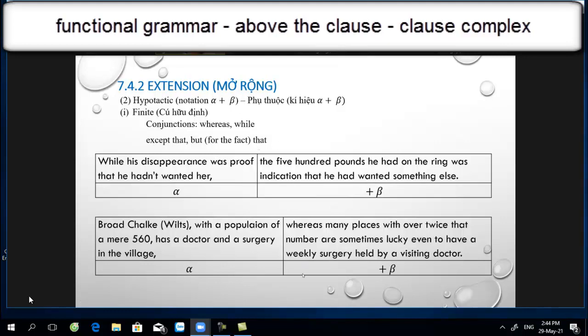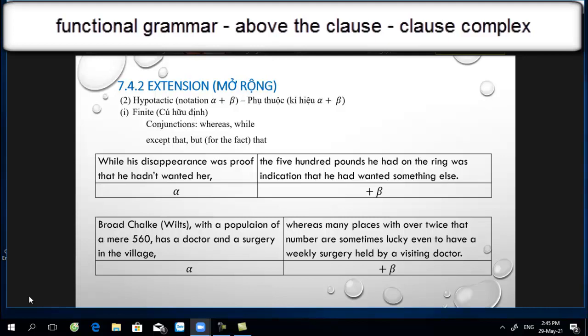Can you please read aloud the first example for me? Miss Ting, can you choose another one? Yes, Miss May, please. His disappearance was proof that he hadn't wanted her.